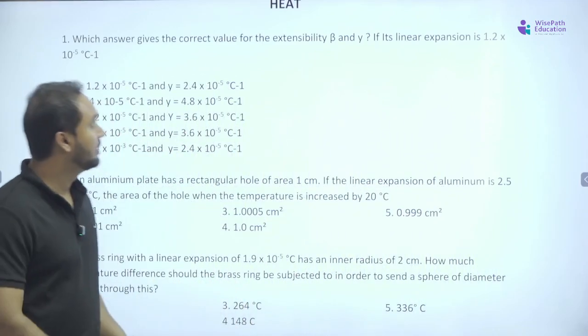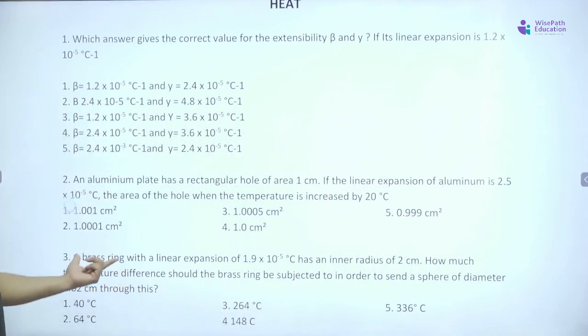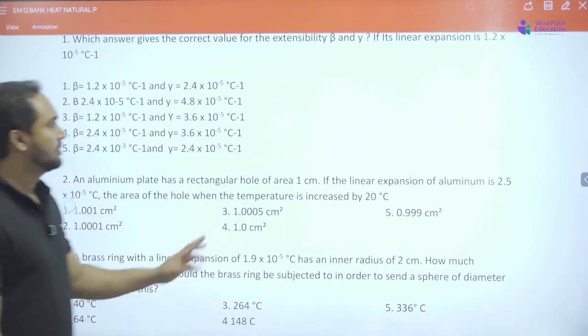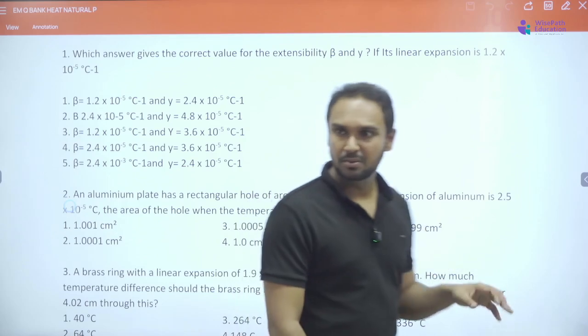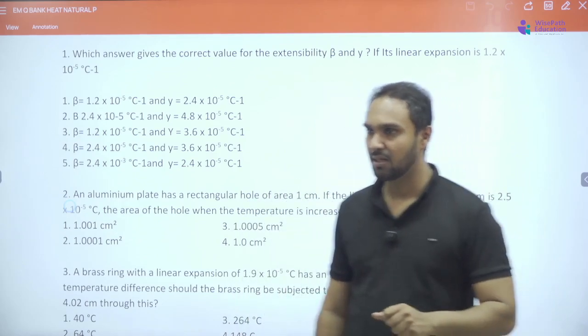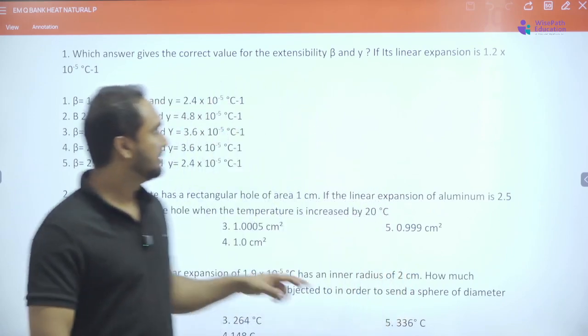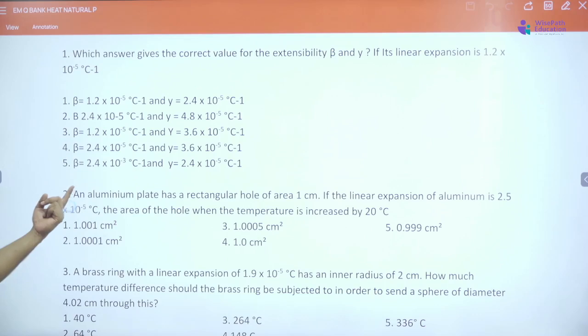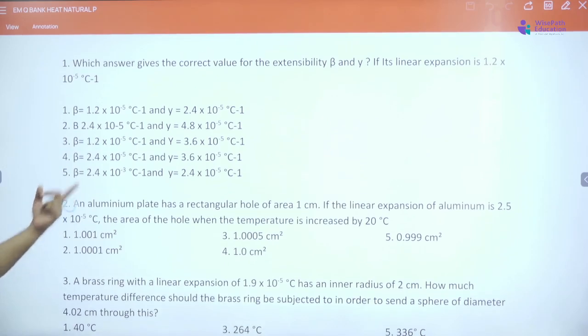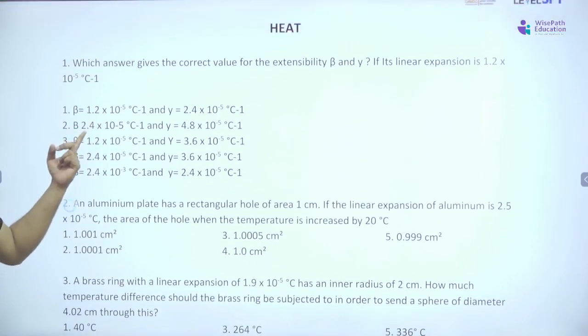They are asking for the area expansion and the volume expansion. So what is the theory here? Beta is 2 times alpha and gamma is 3 times alpha. So it's easy: 1.2 into 2 is 2.4 into 10 to the power minus 5, and gamma is 3.6 into 10 to the power minus 5.